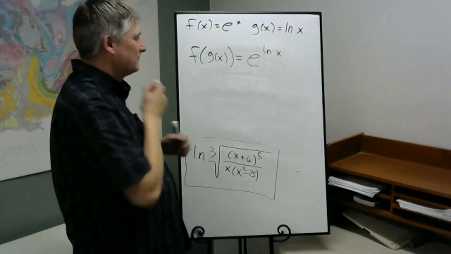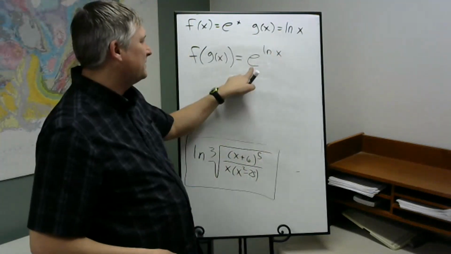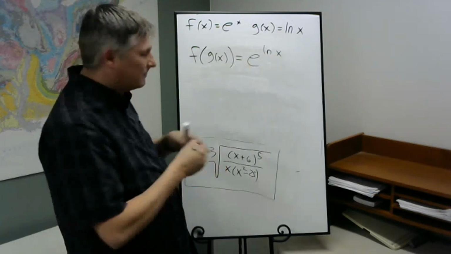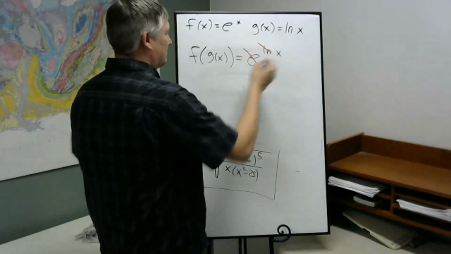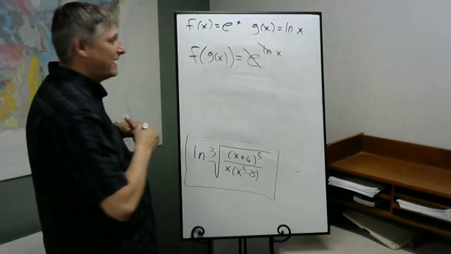And again, the base is e, the base is e, the exponent and logarithm cancel out, and we're given x.